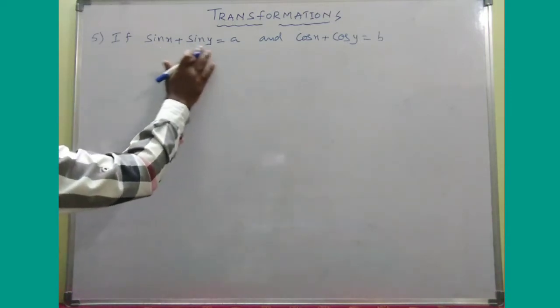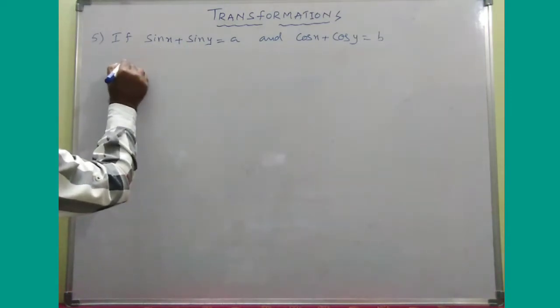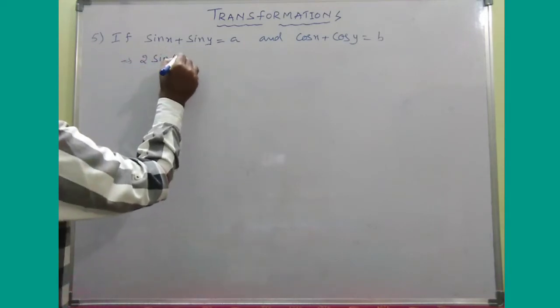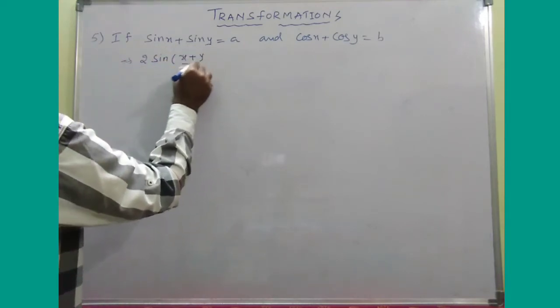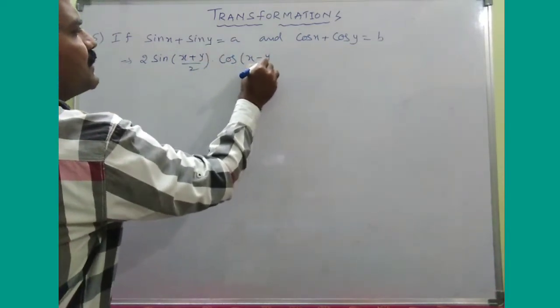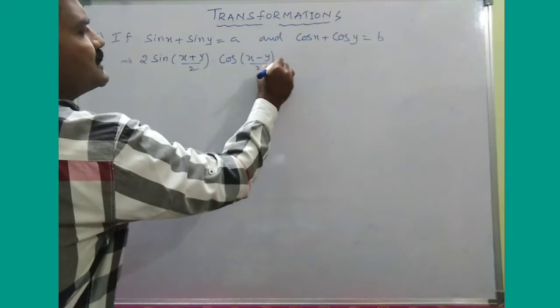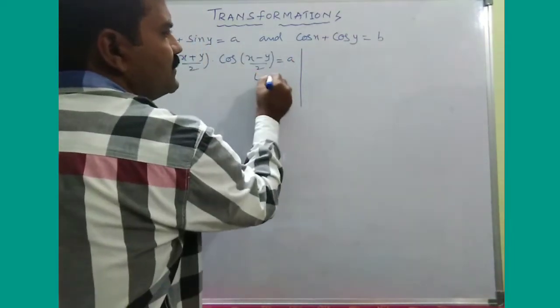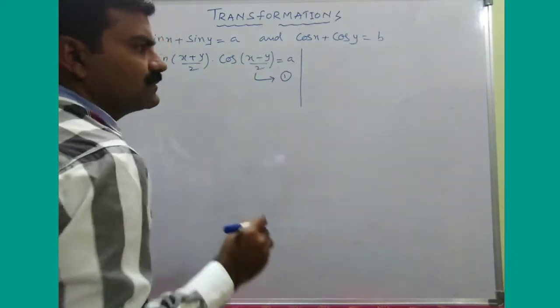See, this is just like sin C plus sin D. The formula is 2 into sine of (C plus D) by 2 into cos of (C minus D) by 2, which is equal to small a, isn't it? So let it be equation number 1.